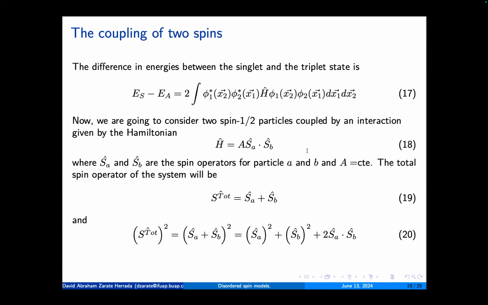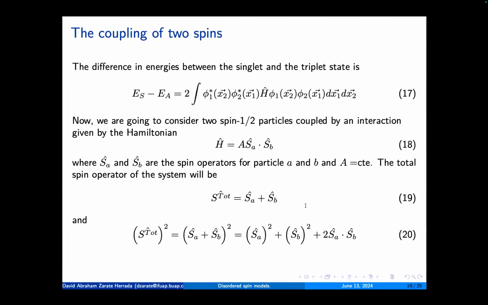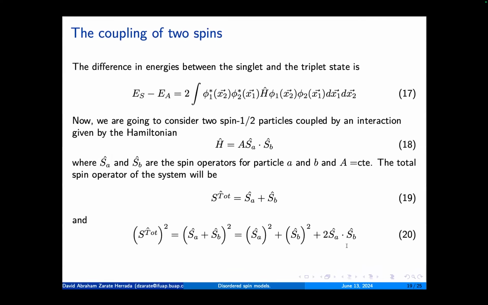Now, the Hamiltonian that describes this system looks like this, where we have this spin operator that only acts on the first particle, and this one only acts on the second particle, where the total spin operator for this system looks like this, and the square of this looks like this.